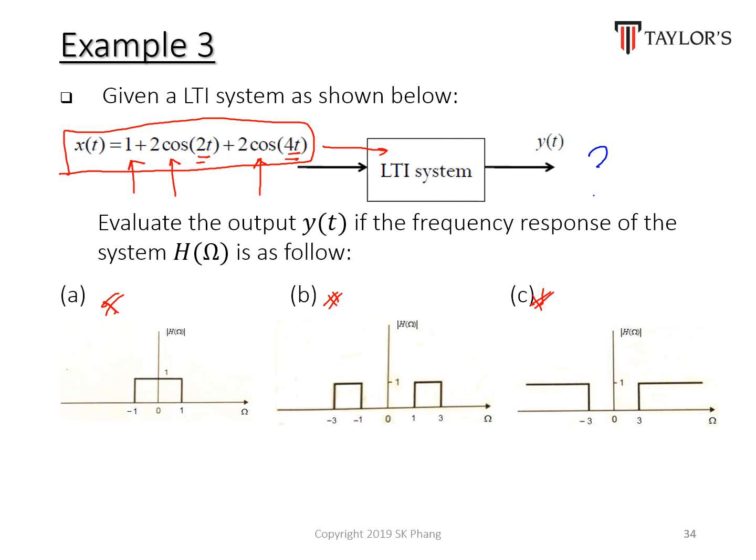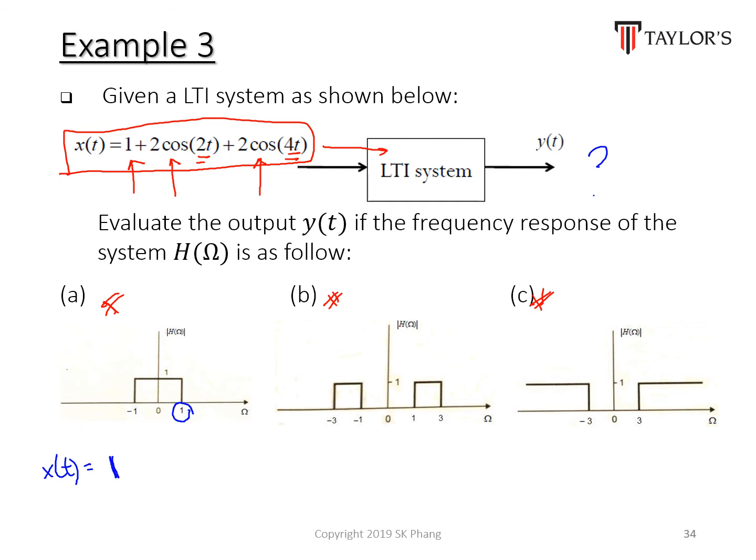A is a low pass filter, meaning any signals below 1 radian per second will pass through. Any signals above 1 radian per second will not pass through. So we look at our x(t). Is there any signal that is below 1 radian per second? Yes, only the constant.